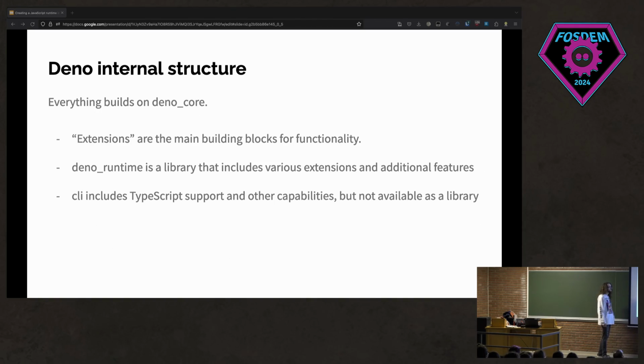Then we have Deno runtime, which is a library that is built on top of a bunch of extensions that adds a bit more capability to it, including our permission system, which relates back to us being a secure runtime. We have various permission-based functionality and flags.